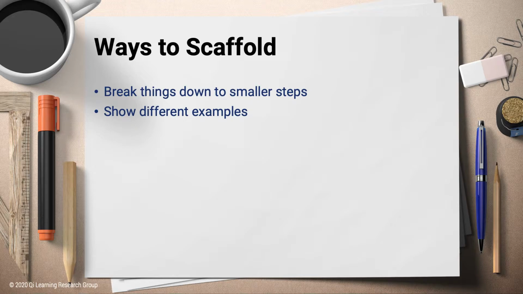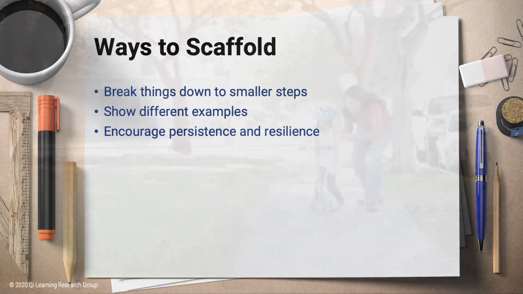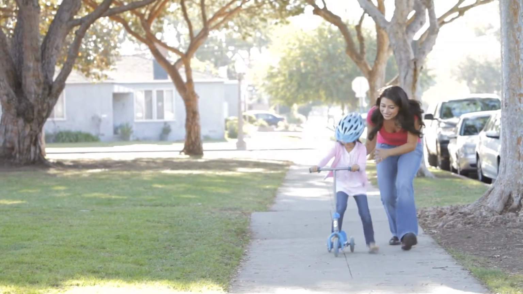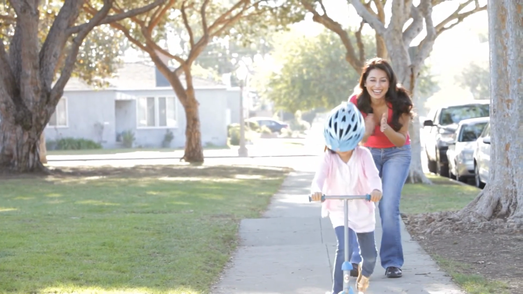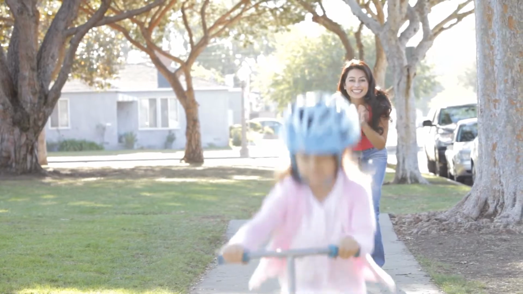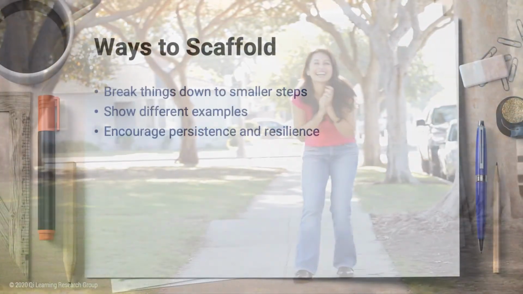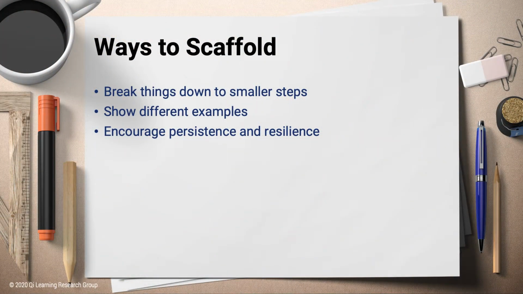That brings me to the next scaffold: encouraging persistence and resilience. Psychological studies have shown that people are more motivated to persist when they're given praise and encouragement to continue. I'll say more about this in my next video on relatedness, but encouragement while providing supports helps students build their confidence. It also helps students get over the gap.